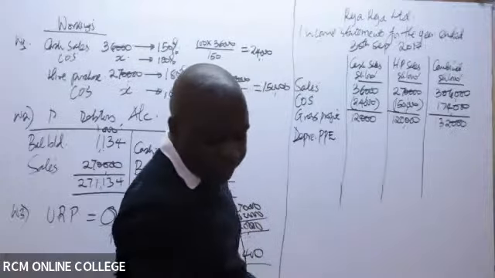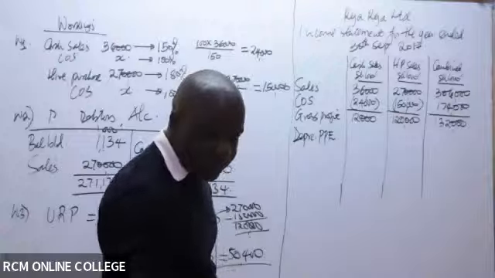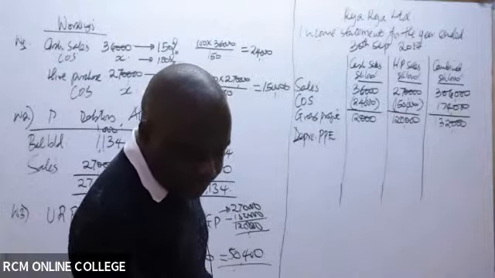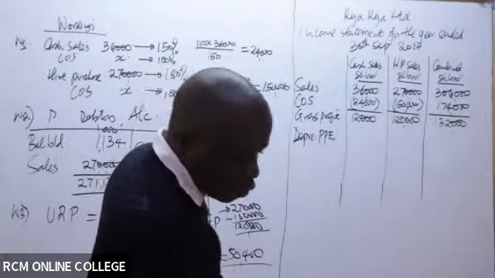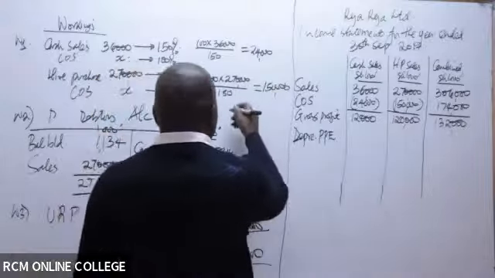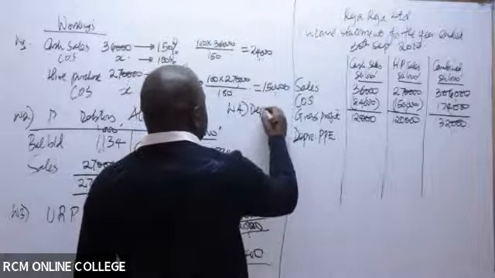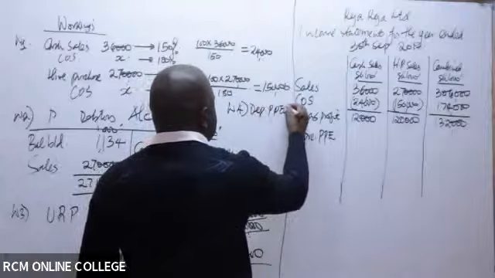As per the additional information, we need to provide depreciation on property, plant, and equipment at the rate of 15% per annum on cost. You can have a working for depreciation on property, plant, and equipment.